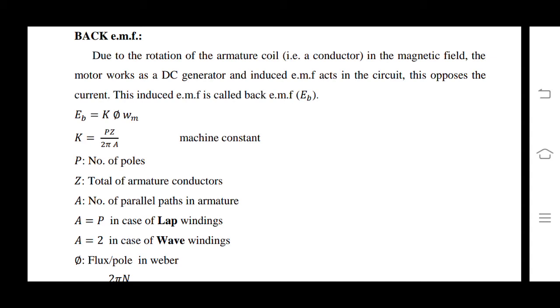So to understand the back EMF: whenever a DC machine is running as a motor, the conductors on the rotor, that is the armature conductors, are cut by the stator fluxes.